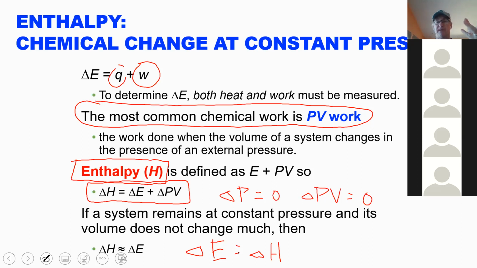Like I mentioned, if you have a turbocharger or a supercharger on a car, you would take into consideration those changes in pressure. And so delta PV would be different, and you'd have to calculate those to get the enthalpy of the reaction. But in general, enthalpy is going to be a measure of the work and the energy being done onto or by the system. Any questions about that?